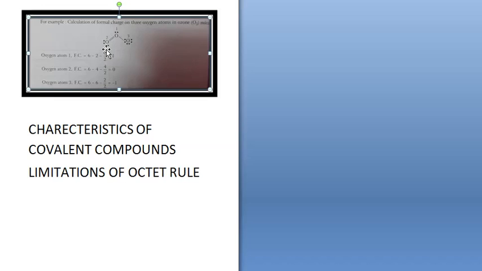So again, this is contrary to the octet rule. Then third is formation of xenon compounds like XeF2, XeOF2, XeF4, etc. This cannot be explained by the octet rule, because the octet rule says that noble gases are inert. They do not react because they have 8 electrons in their outermost shell, but xenon is forming compounds.